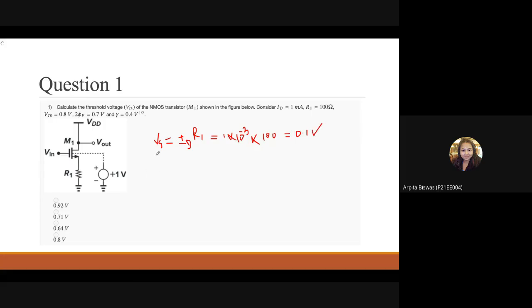Now tell me what is the value of this VSB? Source to body, right? So sorry, source to body. What is the value of this VSB? Here, see, one voltage is given.